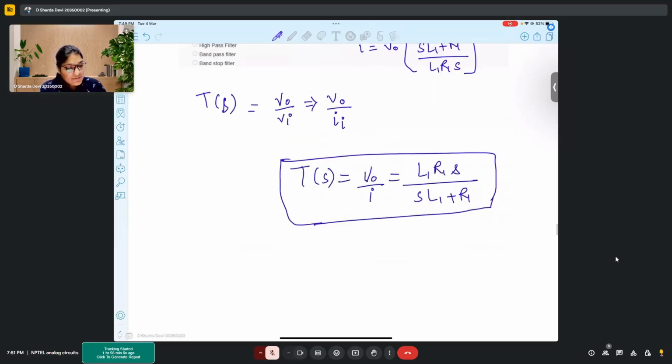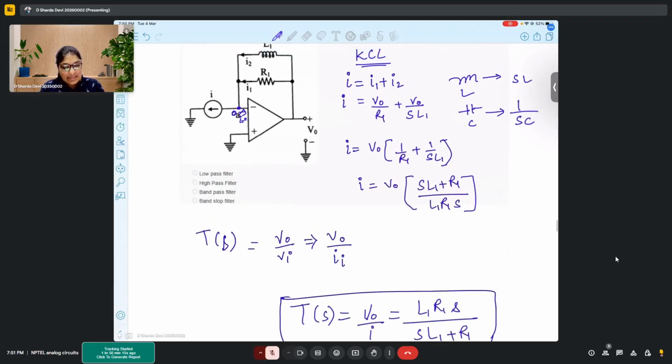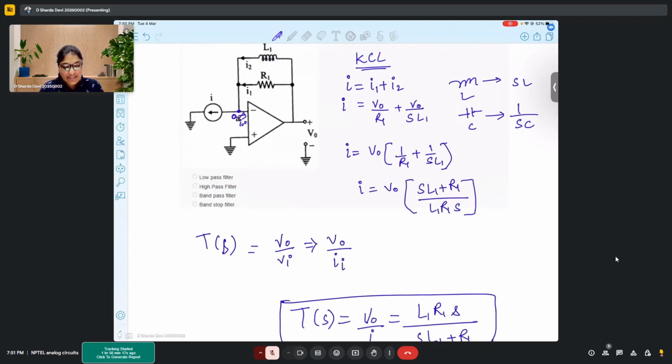Okay, so now this system has one pole and one zero. So out of these low pass, high pass, band stop filters, which filter can you design using a single pole and single zero?